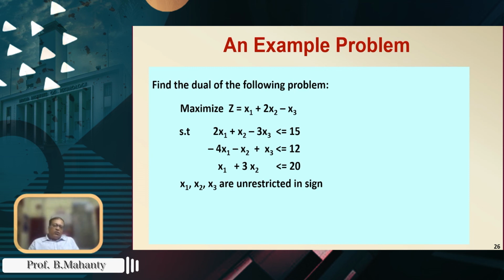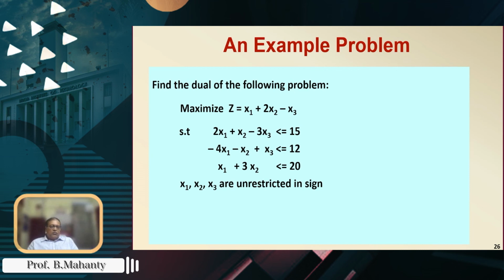So therefore, all the constraints in the dual should be equal to. That means the three constraints would be 2y1 minus 4y2 plus y3 equal to 1. Then y1 minus y2 plus 3y3 equal to 2. And minus 3y1 plus y2, nothing because no x3, equal to minus 1.